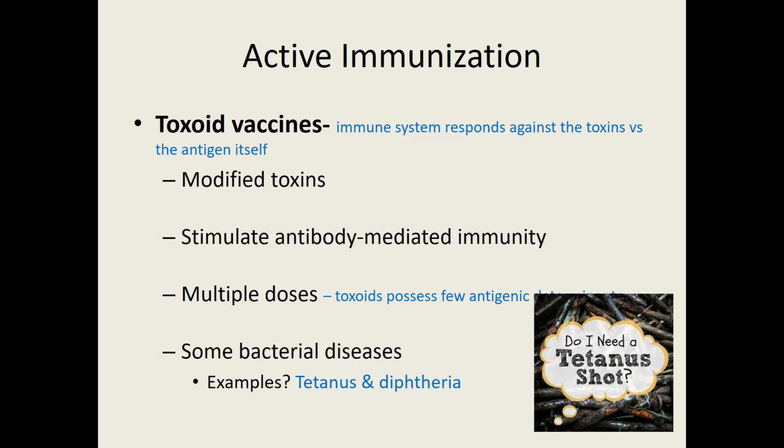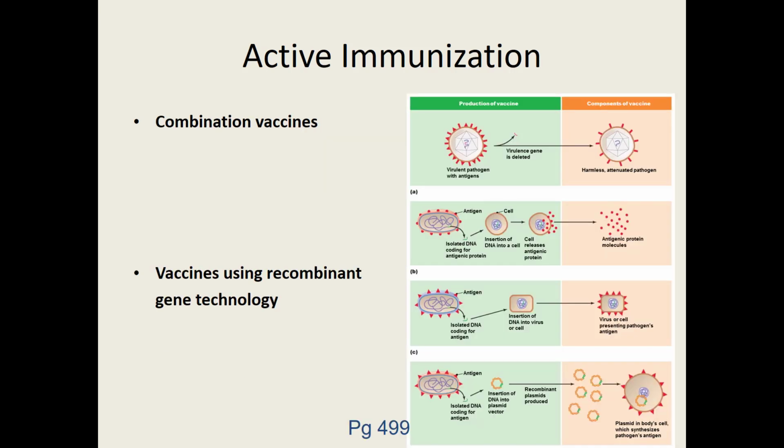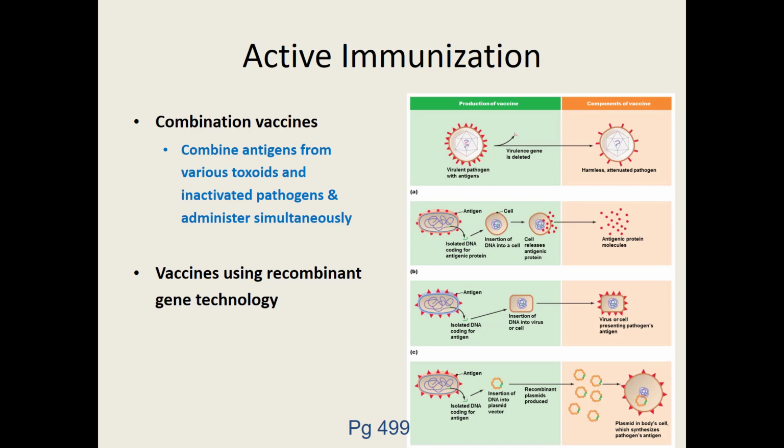And the last of my active immunizations for different types of vaccines is the combination vaccine, which means they just combine antigens from a whole bunch of various toxoids or inactivated pathogens, and they give them all to you right at once, simultaneously. Examples: MMR.